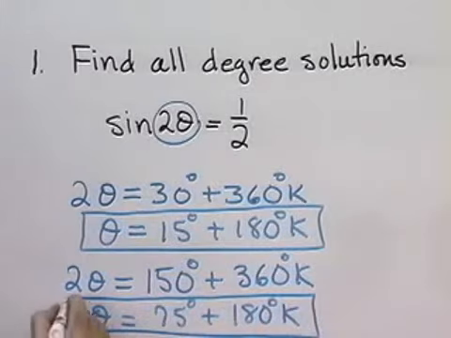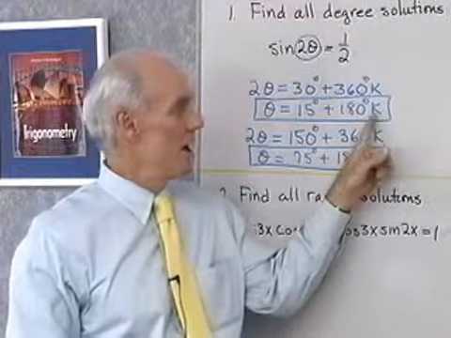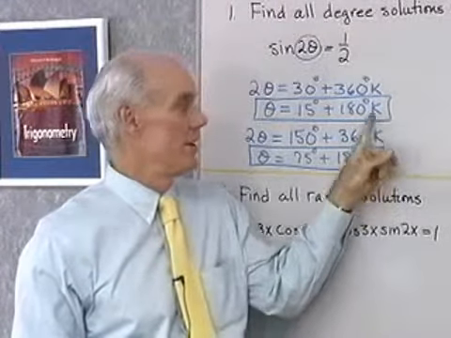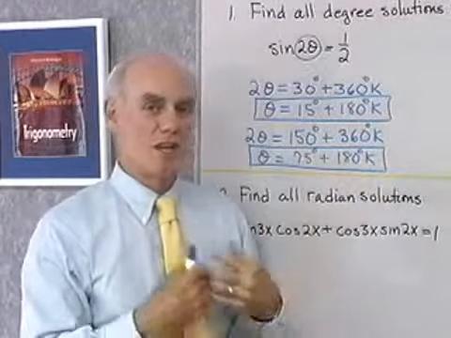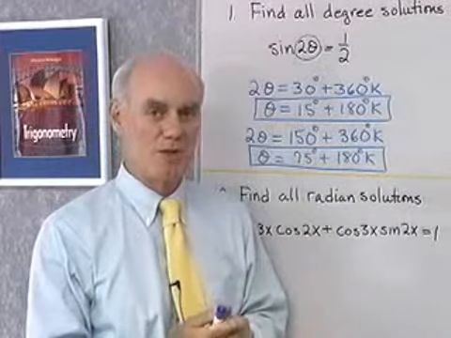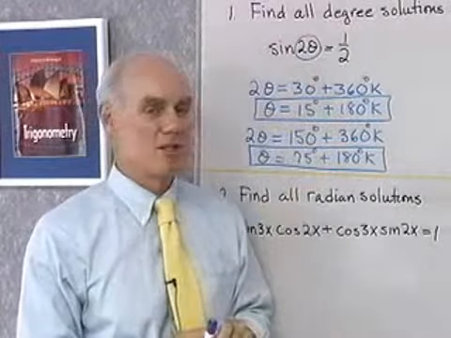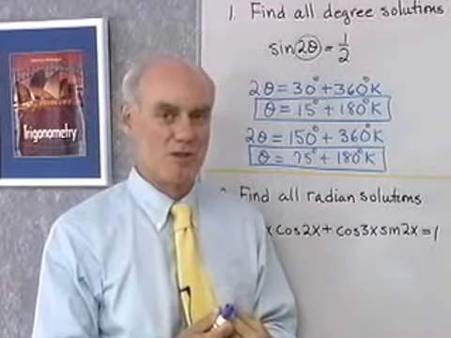Now at this point, if I wanted to just find all my solutions between 0 and 360, I would substitute in values of k, starting with k equals 0, then k equal 1, then k equal 2, into these equations until I got out all my solutions between 0 and 360. So when we have multiple angles like this, sometimes it's easier to find all solutions and then go back and find your solutions between 0 and 360.